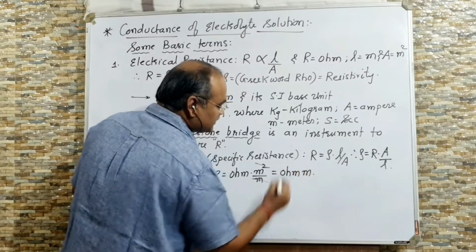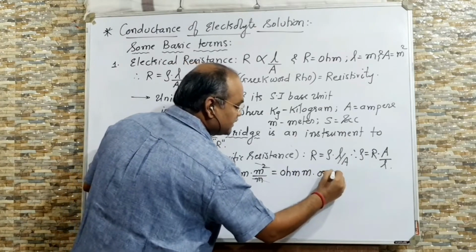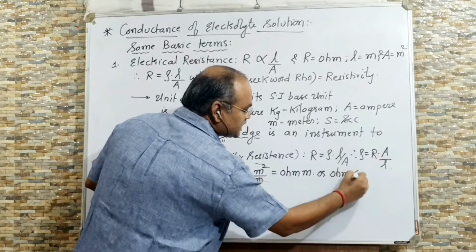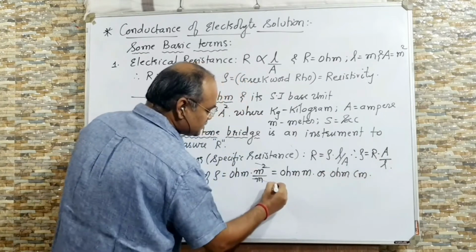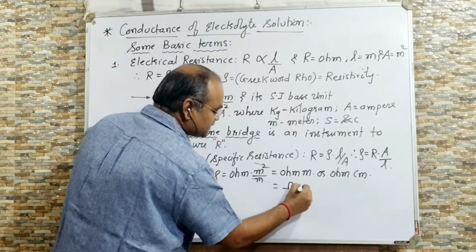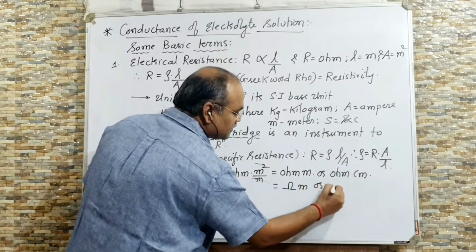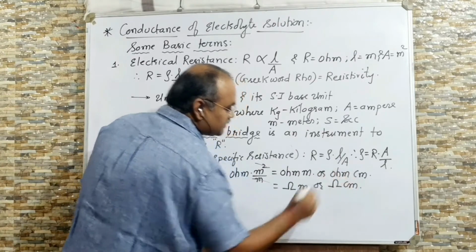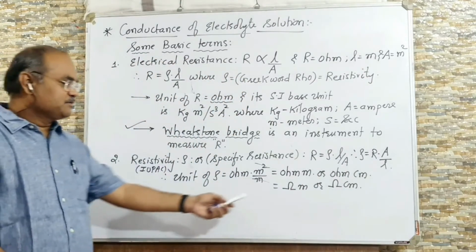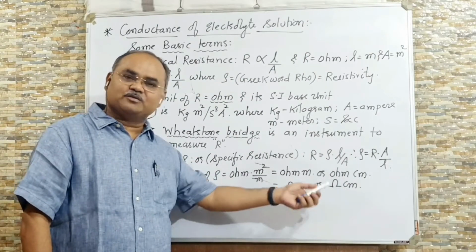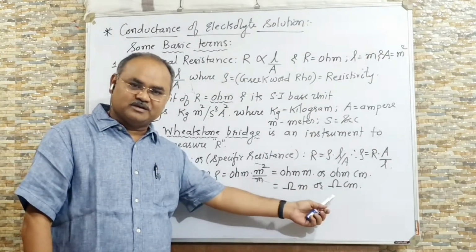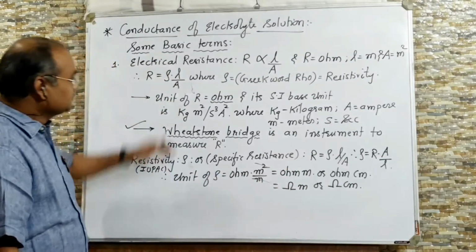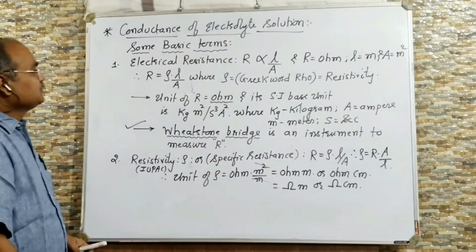Ohm meter, or you can write ohm centimeter. Both are used. And conversion factor from meter to centimeter and centimeter to meter, you know, 1 meter is equal to 100 centimeter. So that you can do it on your own. So these are the two basic terms.